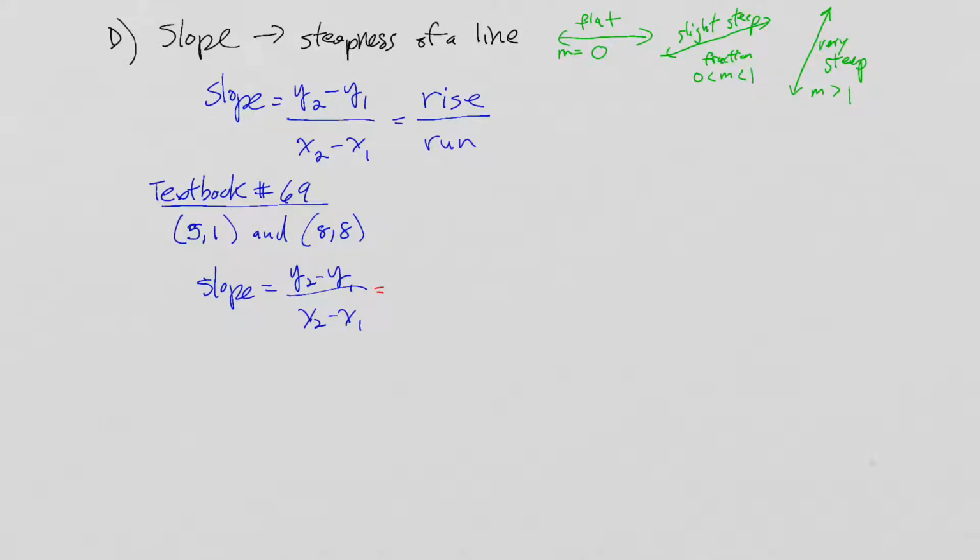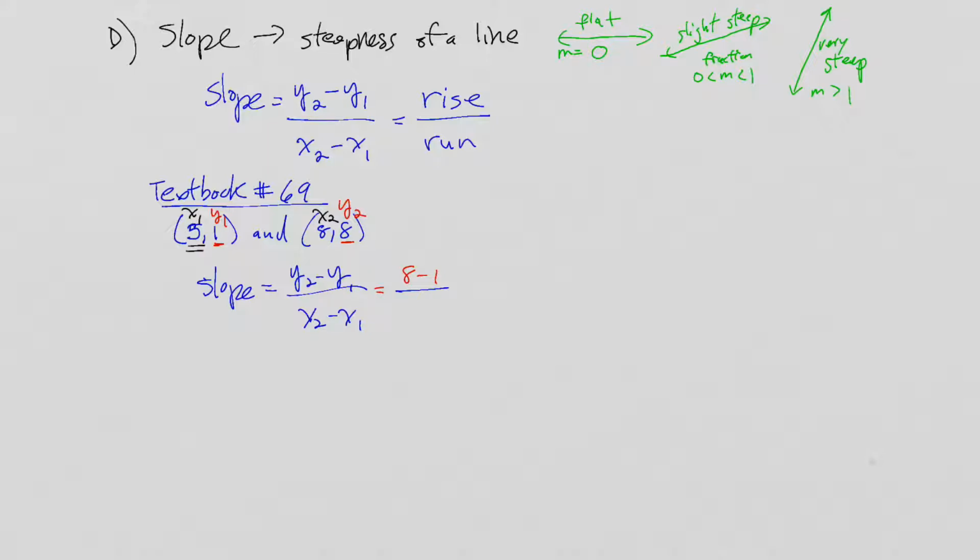So here is y2, that's my second point. Here's y1, that's my first point. So it's going to be 8 minus 1 and then my x2 is right here, and here's my x1.